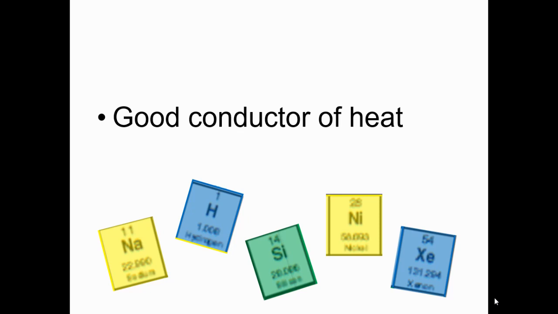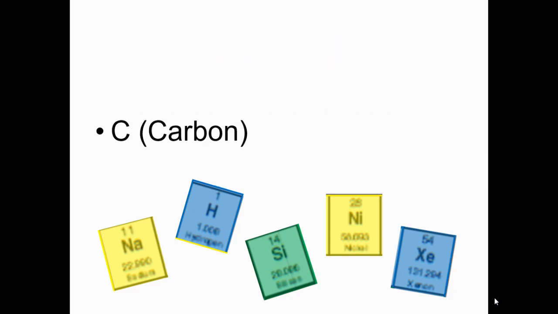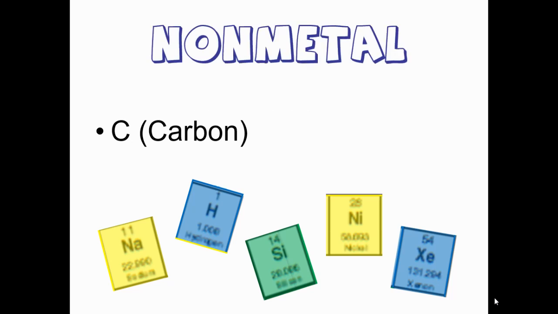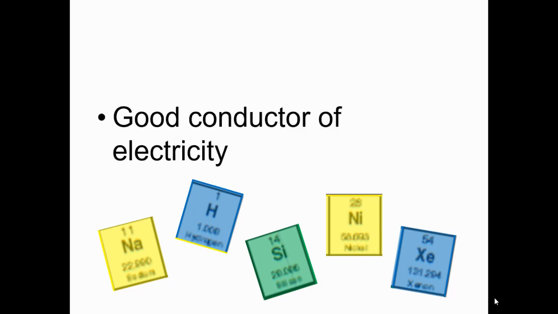An element that is a good conductor of heat is a metal. Carbon is an example of a nonmetal. An element that is a good conductor of electricity is a metal.